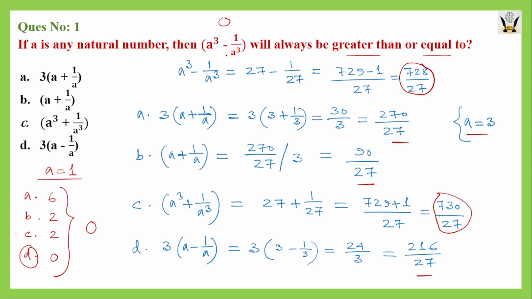But we need to find which value will be always less than or equal to this value. So from the given options we have to choose such a value which will be always less than this value. So this was less and this is equal to. Based on the two values that we have chosen here, our correct answer is option D.